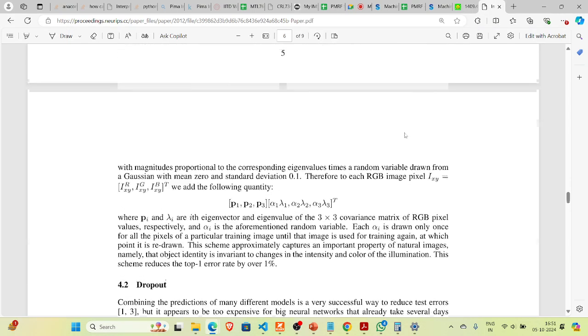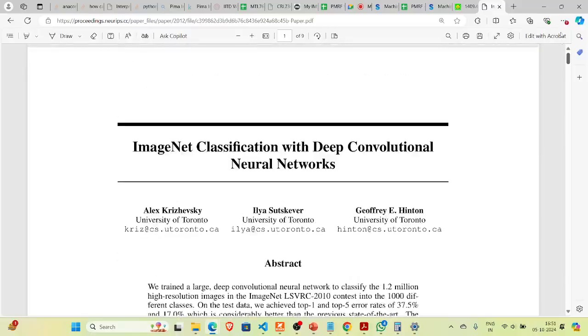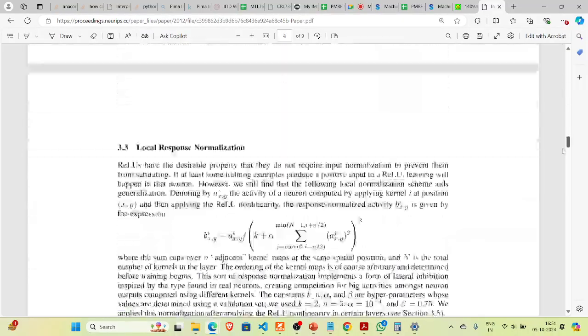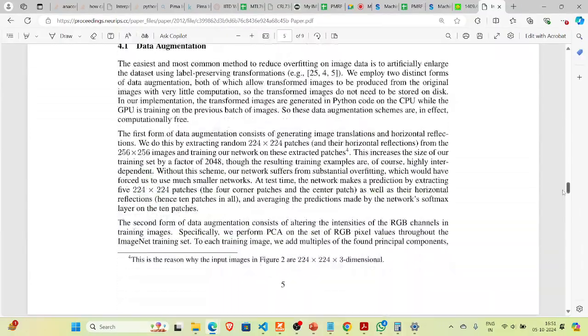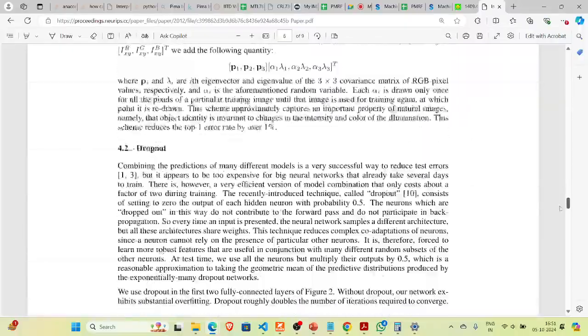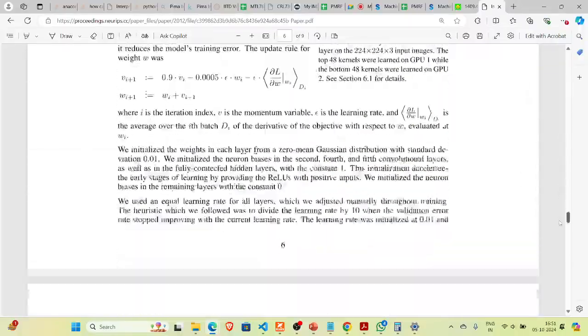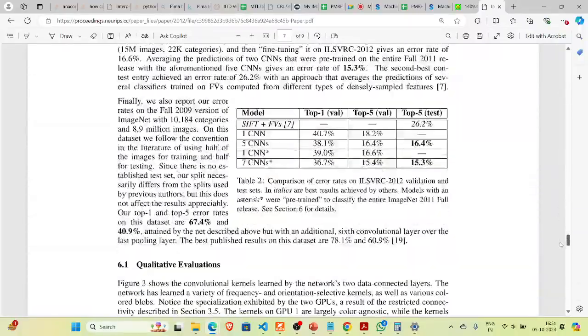So we're covering the AlexNet paper here, and I was explaining the architecture. They are also using dropout, an important concept which we have not covered here.